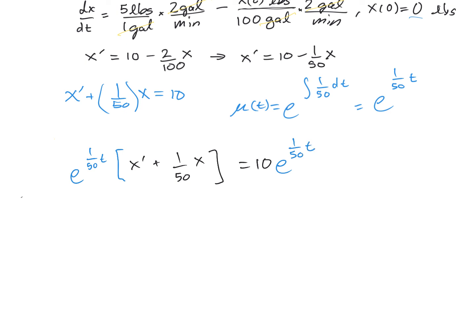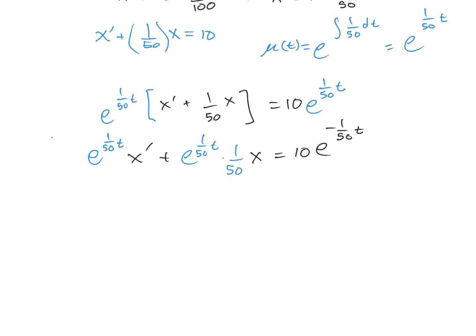We now need to go through and distribute. So we have an e to the 1 over 50 times t times x prime plus our e to the 1 over 50 t times the 1 over 50 times the x, and that's still equal to 10 e to the negative 1 over 50 t.